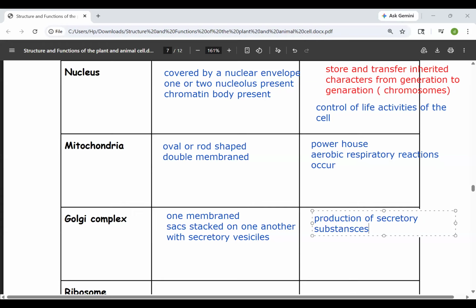Last one. You can understand: producing secretory substances, packing and secreting. Just like the post office, right? They are taking from one place and going to the other place and delivering them, right? So that is regarding the Golgi complex.